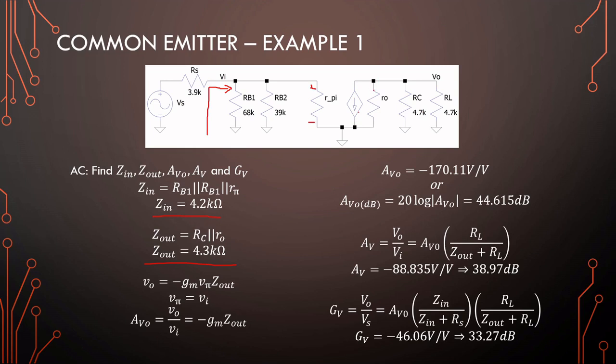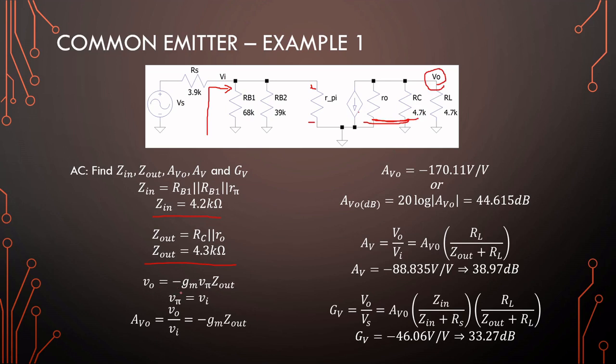So here we have a current source flowing inwards, down to ground. Okay, so the current generated here is a negative. So this will say that we have minus GM V pi, and to convert that to a voltage, we need to multiply it with the resistance that's in parallel with it.